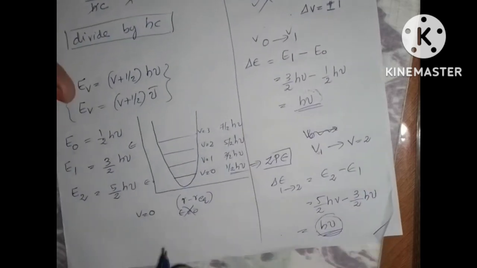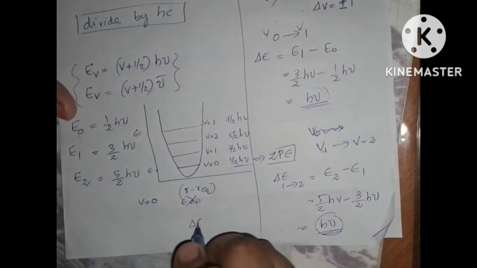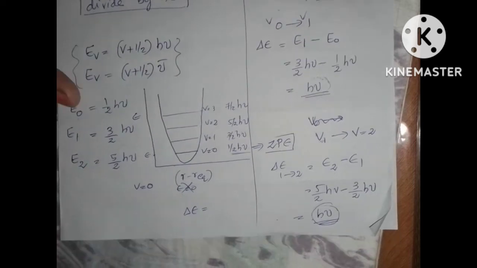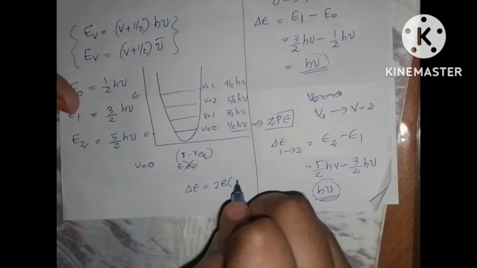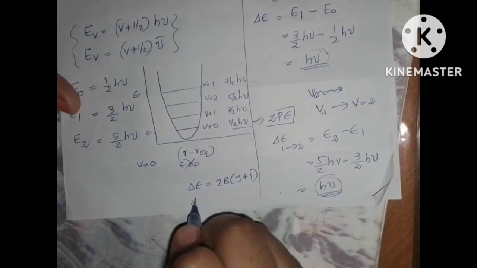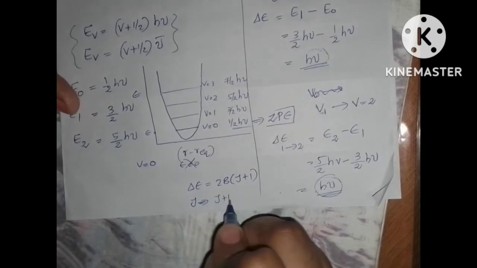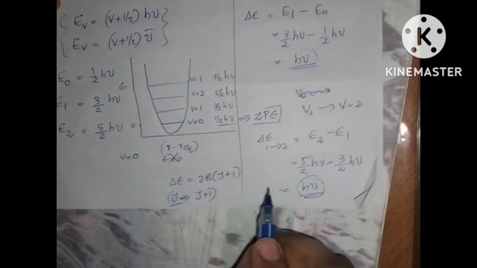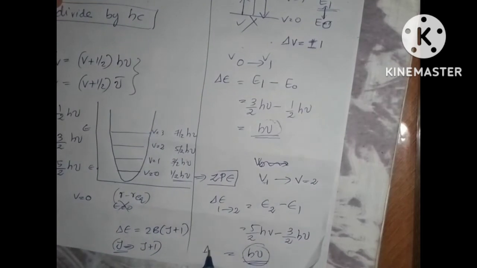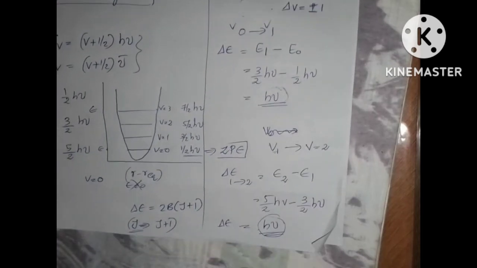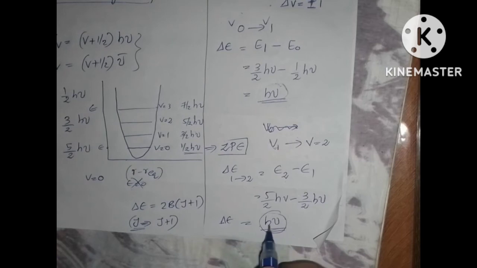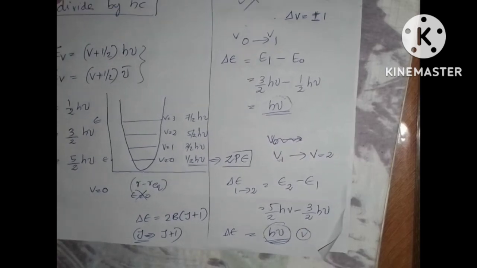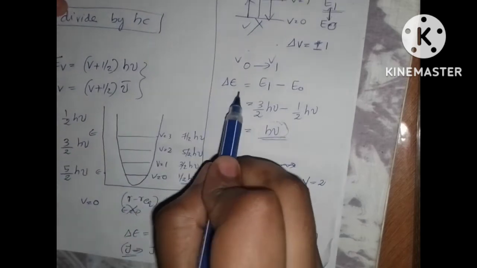In rotational spectroscopy, the value for delta E was 2B into J plus 1, which depends on the value of J. But in vibrational spectroscopy, the energy gap does not depend upon any quantum number like J. Whichever be the transition, the energy needed is always h nu.